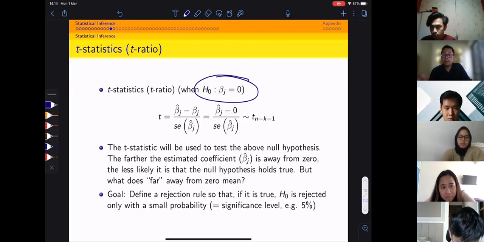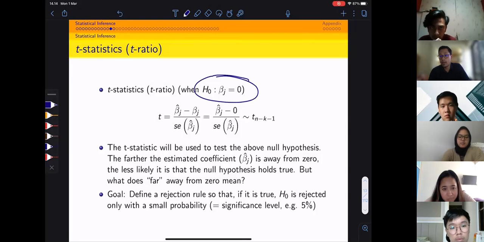In other cases, perhaps we're interested in the null hypothesis of beta j equals 1, or beta j equals some constant a. It really depends on the research question at hand, but in general we're interested in whether or not there is an effect. If there is no effect, then beta j is just equal to 0. So that's what we're going to test.